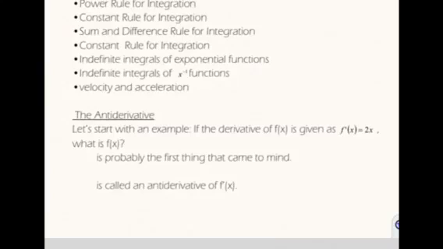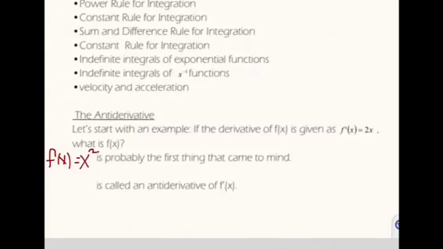If the derivative of f of x is given as f prime of x is equal to 2x, what is f of x? What function has 2x as its derivative? Hopefully, you thought of f of x equal to x squared.